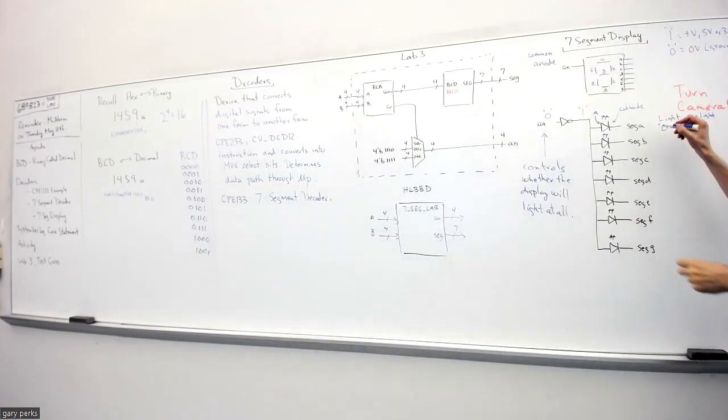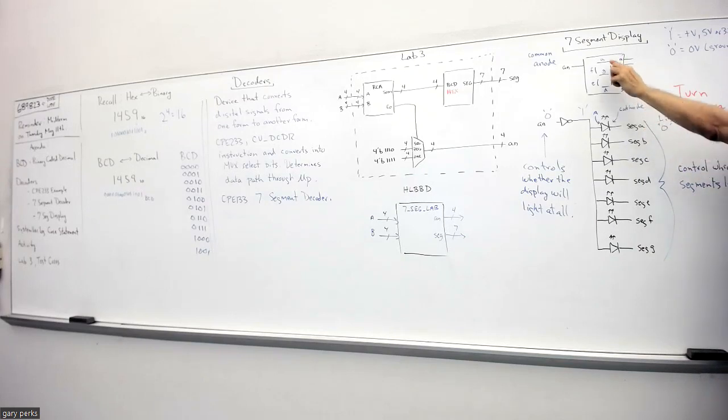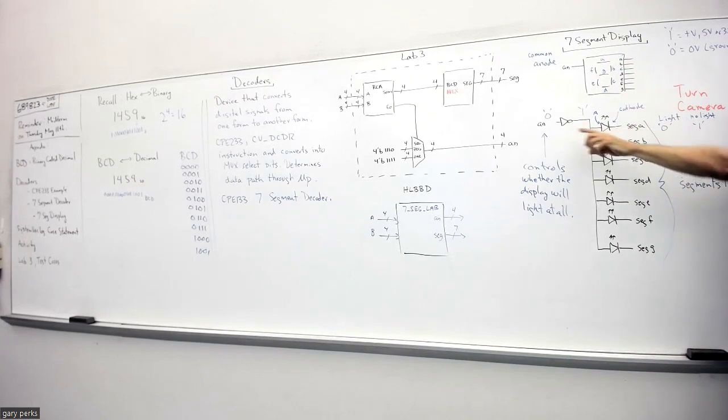These bits over here control the segments. If I have the 0 on the Seg5 cathode, that segment lights.